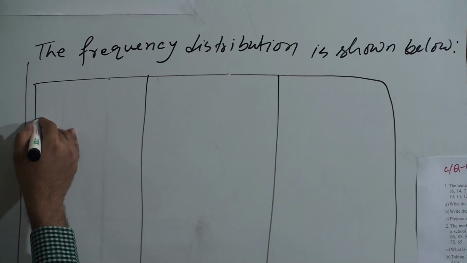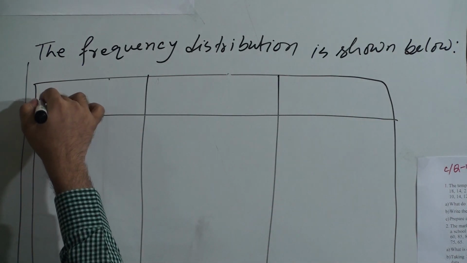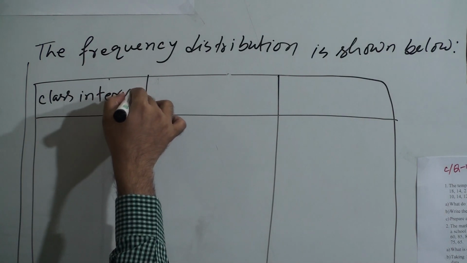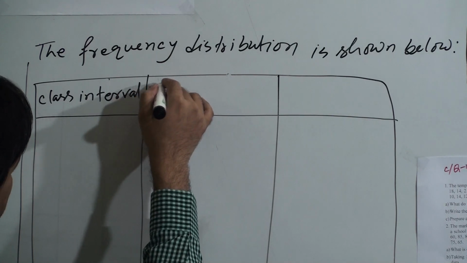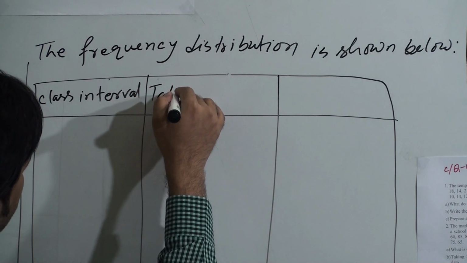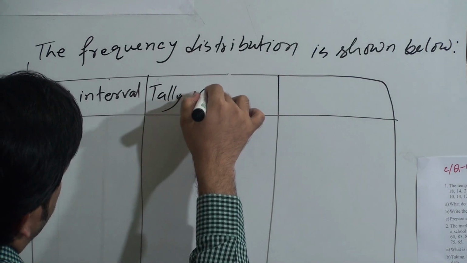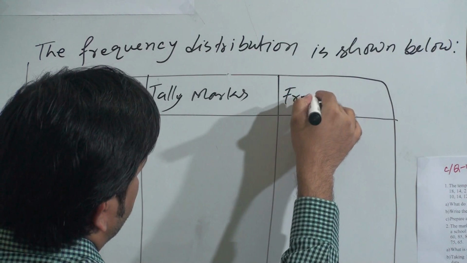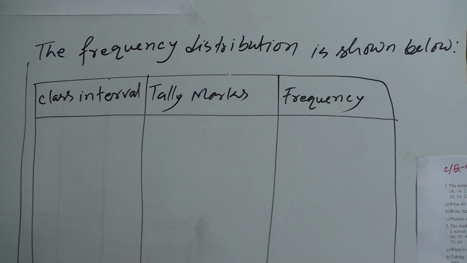At first we write at the top: class interval, then tally marks, and then frequency.